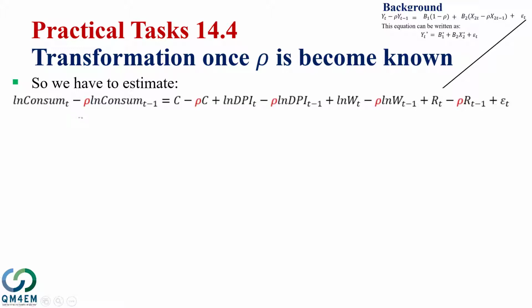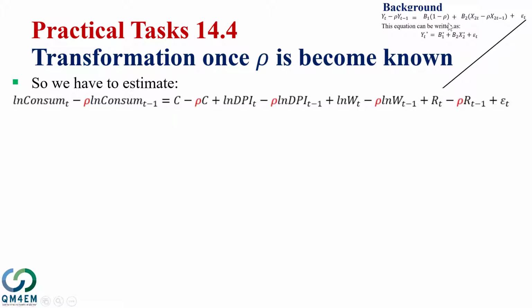Similarly, the constant term is also multiplied with rho, and the lag variables are multiplied by the autocorrelation coefficient and then subtracted from the original variables. You can compare the format written here with the one we derived while discussing the background for transformation. So it's the same format.